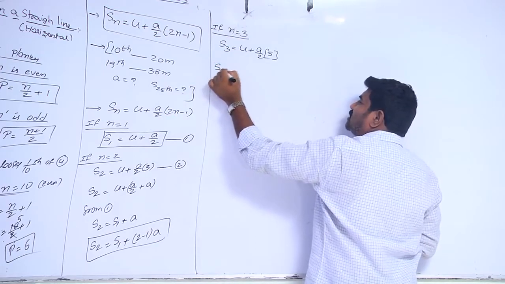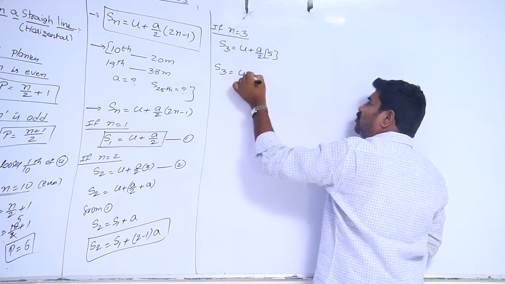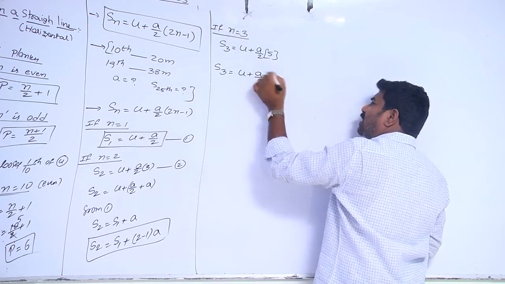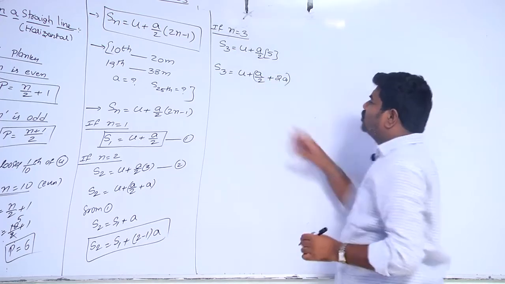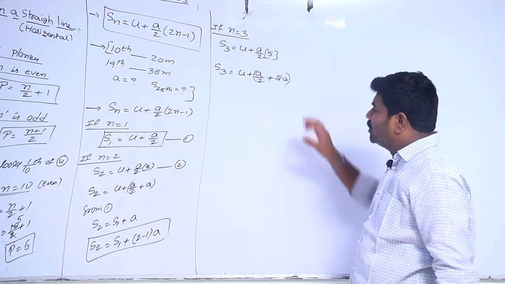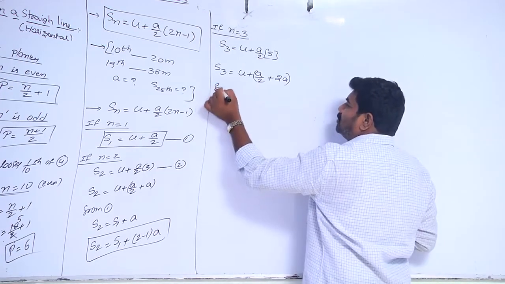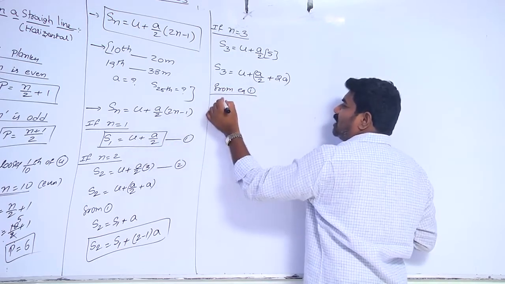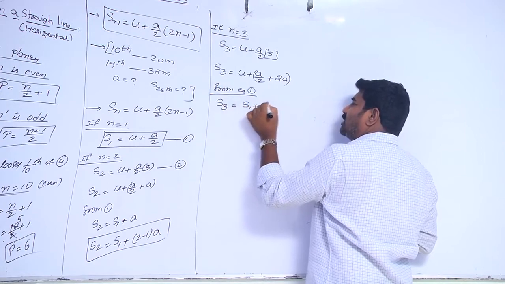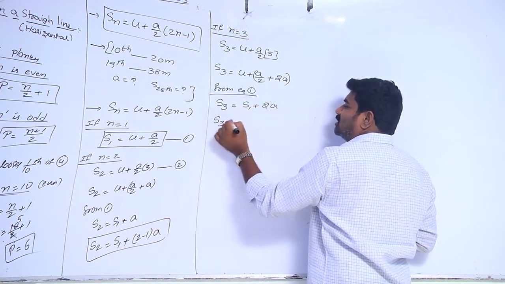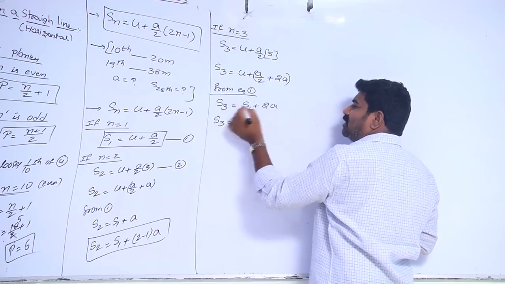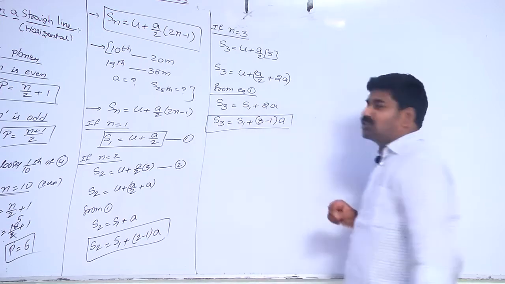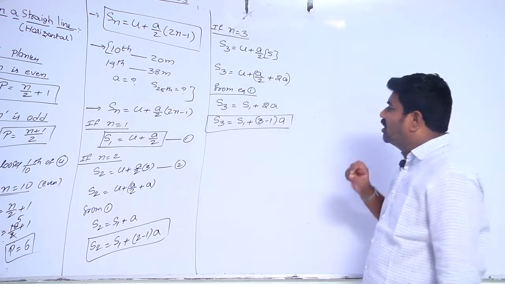It is also written as u plus a/2 plus 2a, which is 5a/2. From equation 1, u plus a/2 is S1, so S3 is equal to S1 plus 2a, or S3 is equal to S1 plus (3 minus 1) into a.